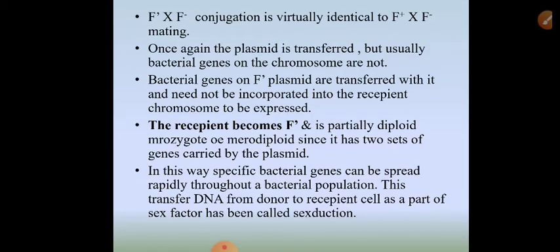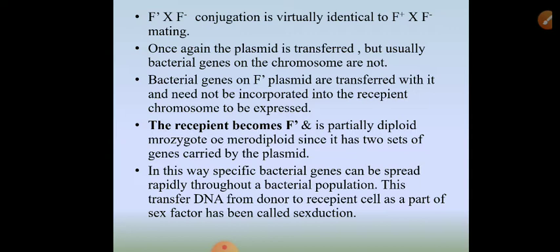So F prime and F minus conjugation is virtually identical to F plus and F minus mating. Once again, the plasmid is transferred, but usually bacterial genes on the chromosomal DNA are not transferred. However, genes on the F prime plasmid are transferred with it, but they are not incorporated into the recipient chromosome.